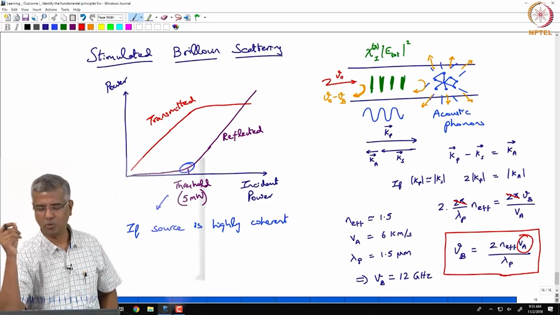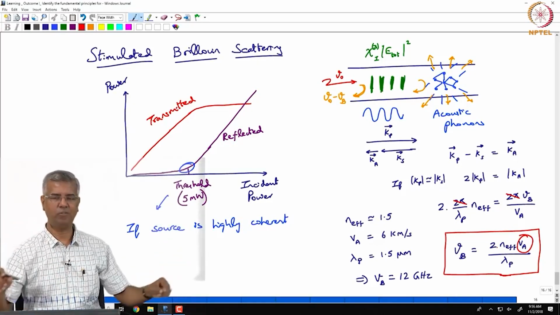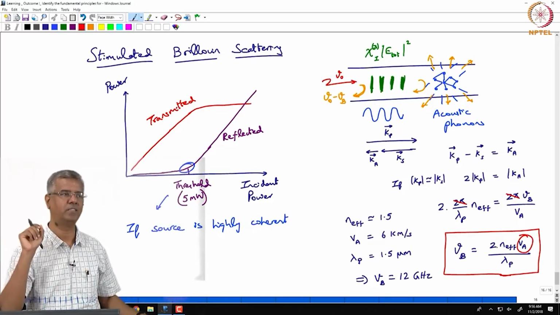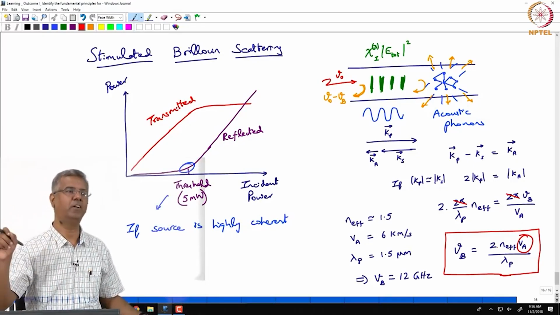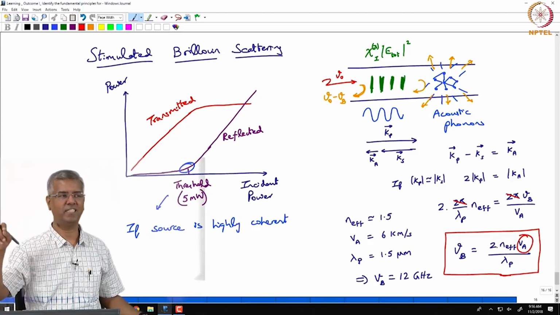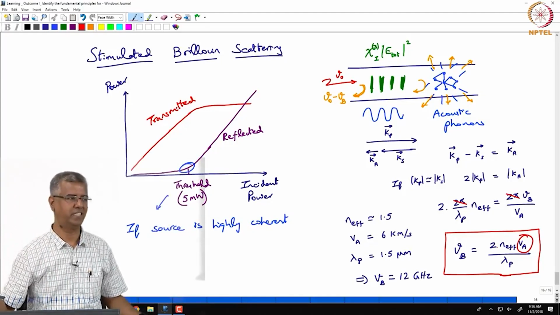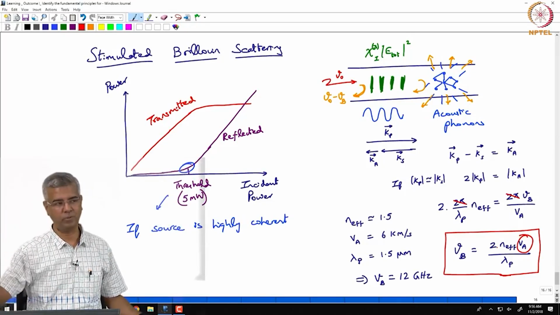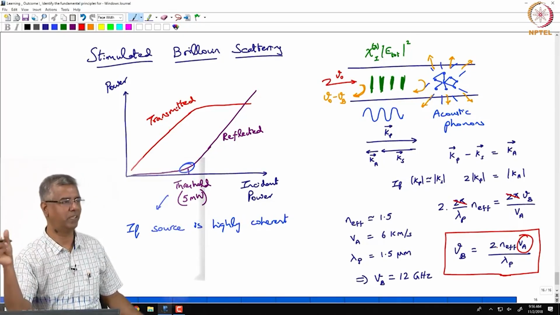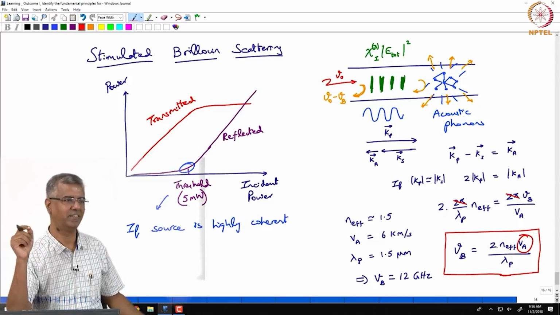So what does that mean? In a long section of fiber, if I have a particular section where I have strain or temperature, in that section the velocity of the acoustic wave is changing, which means that the frequency that's backscattered from that particular section is changing.